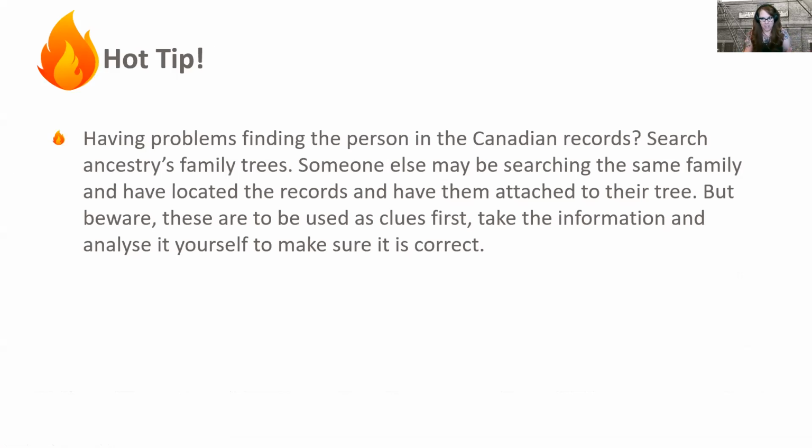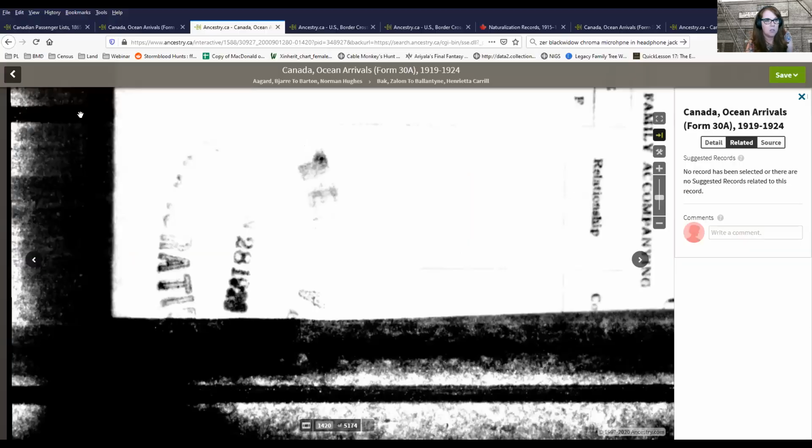Now, mind you, these are hints only because it's somebody else's research. So you want to analyze what they have and confirm that it's correct. But it's a really great way to potentially get some quick info.